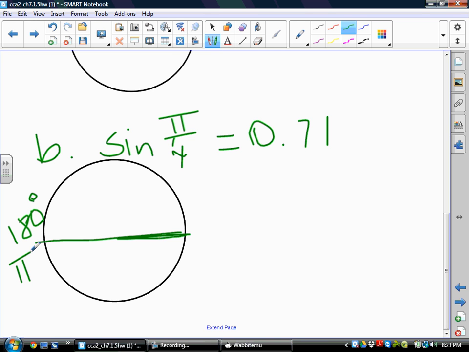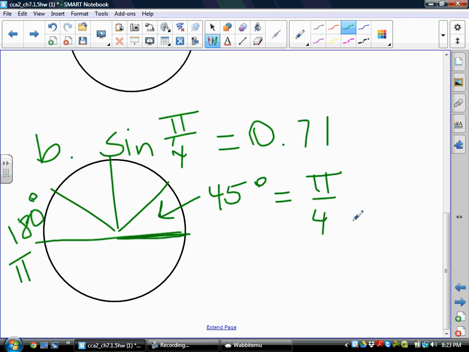So let's just split these into fourths. So 180 into fourths. I know each of these is going to be worth 45 degrees. So since I know 45 degrees is the same as pi over 4 radians, now I can find my other angles that would be equivalent to 45 degrees.